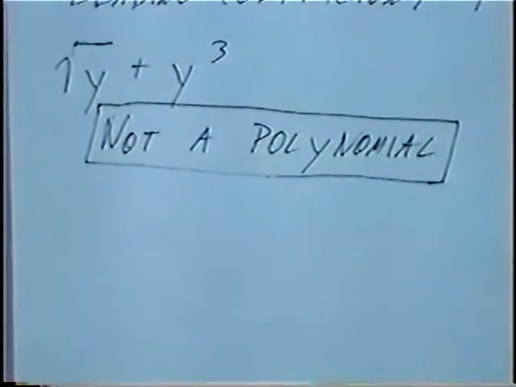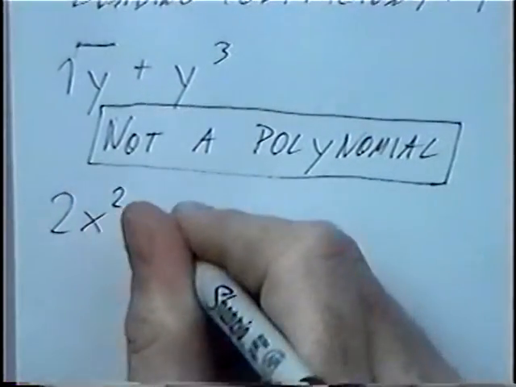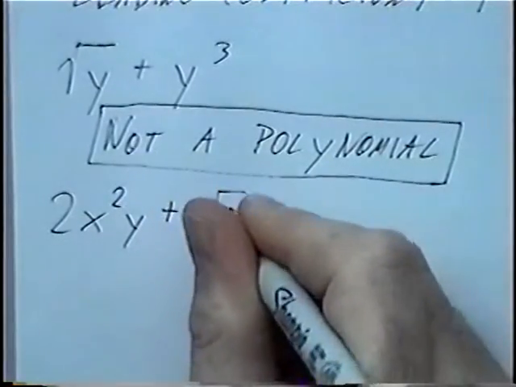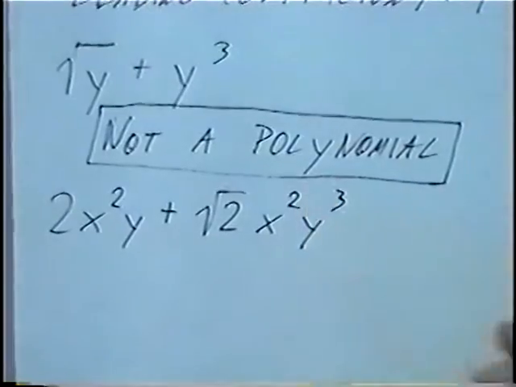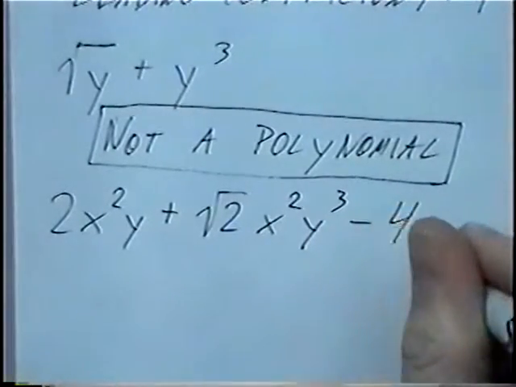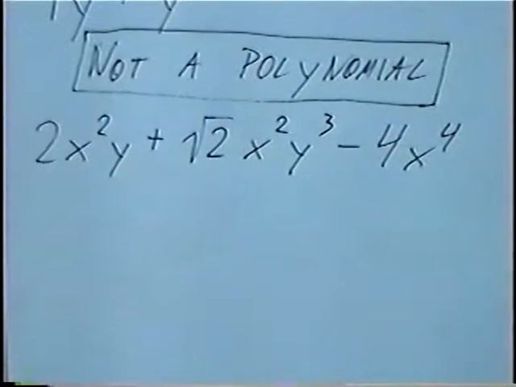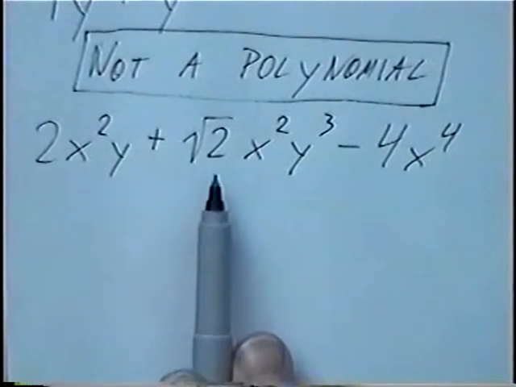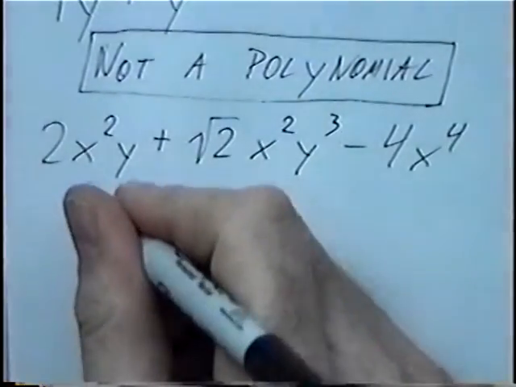And last question for the section, 2x squared y plus square root of 2 x squared y cubed minus 4 x to the fourth. In this problem, we have a square root of a number, square root 2, which is fine, so this is still a polynomial.